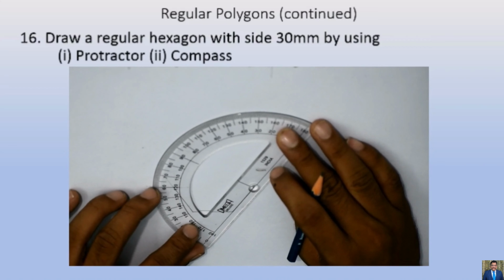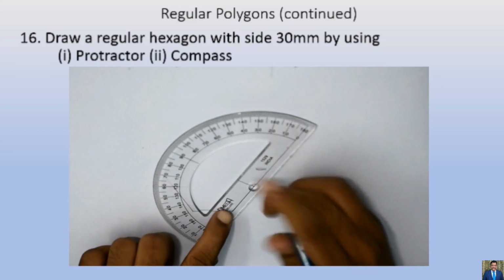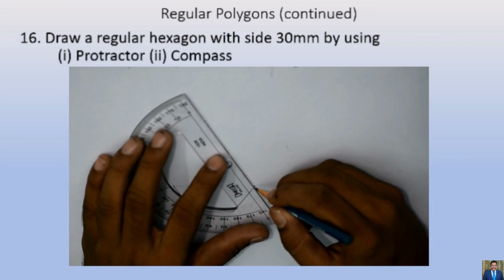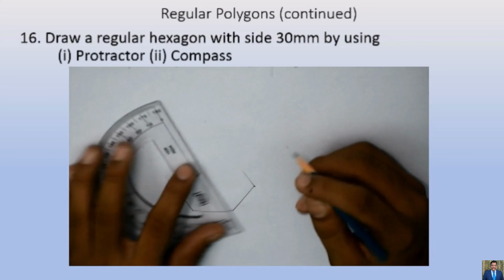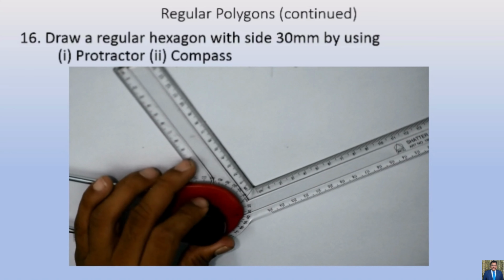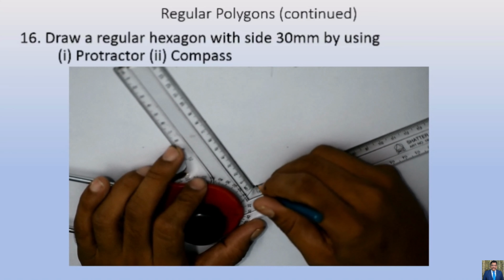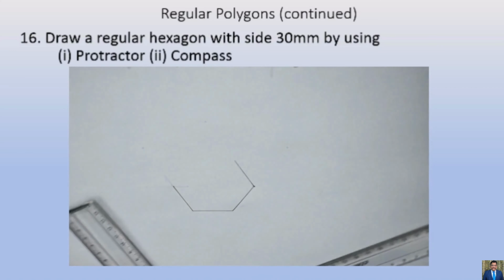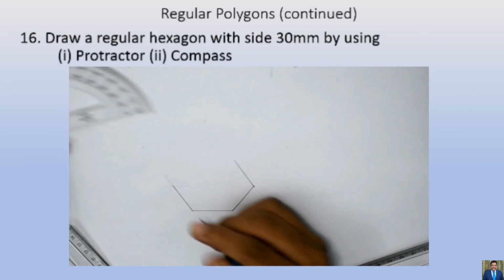So again I will take the same 60 degree angle from the end point of the second line. I will take some small line from there. You can confirm this by matching the drafter scale's protractor also at 60 degree, but here I am taking the protractor scale.